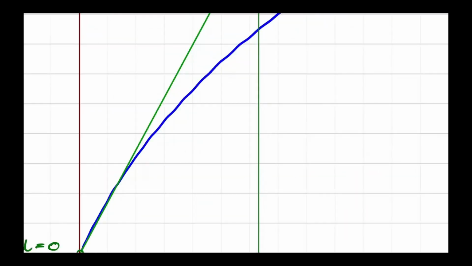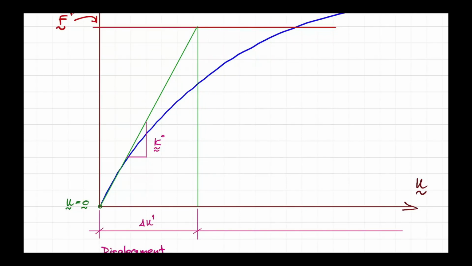So you consider this tangent line and you get the slope. The slope here is the k initial, k0.